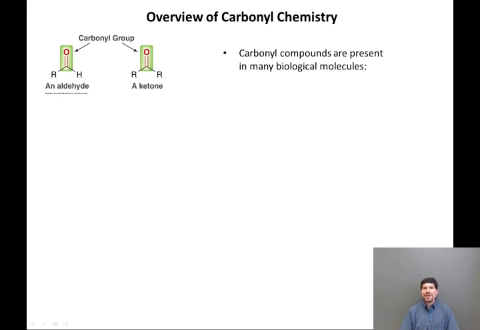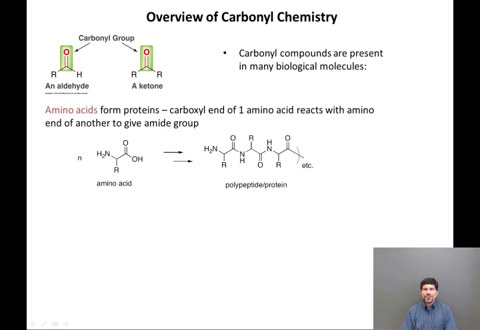Carbonyl compounds, as I've said, are present in many biological molecules, and I want to give you some examples of this. First of all, amino acids contain the carboxylic acid functional group, which is one example of a kind of carbonyl group.